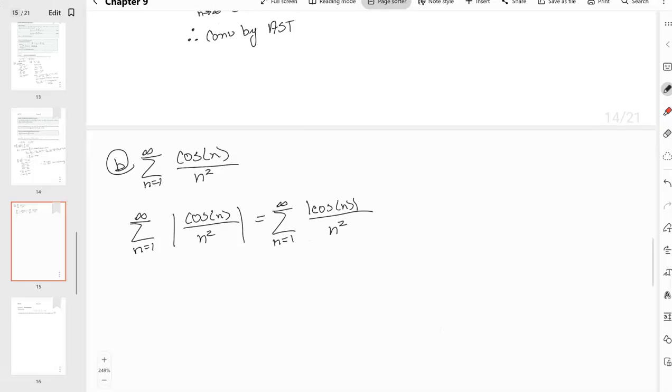Maybe we can compare it to 1 over n squared, which we know is a convergent p-series. So let's try a direct comparison.